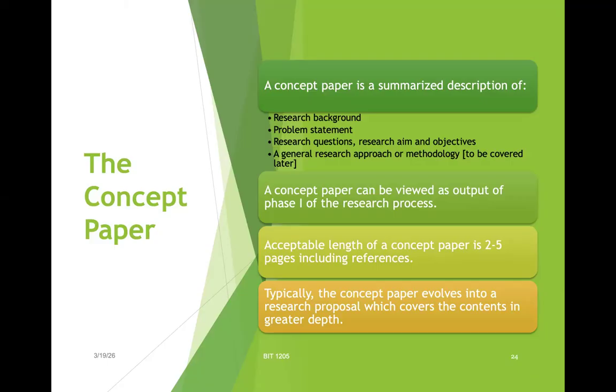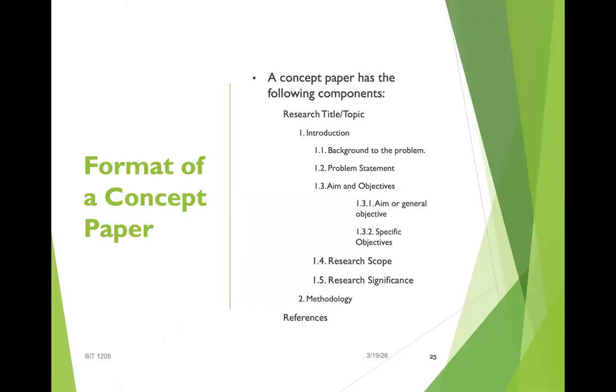Generally you summarize what would be in your background, the problem statement, objectives, just a brief of the general picture. Typically the concept paper evolves into a research proposal, which covers the contents in greater depth. That is the format on the next slide.